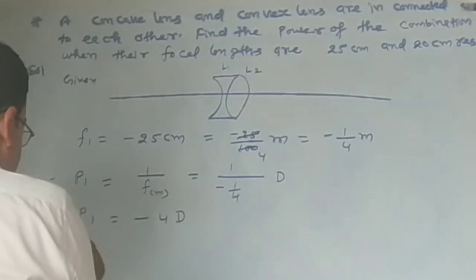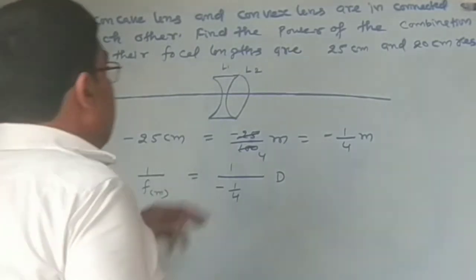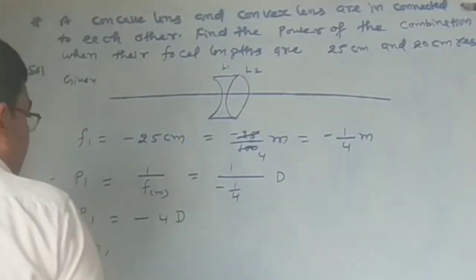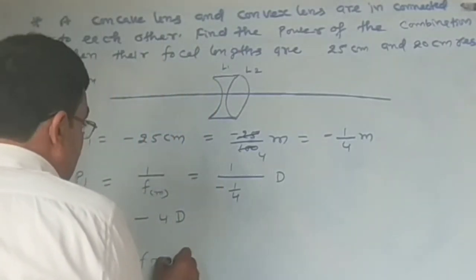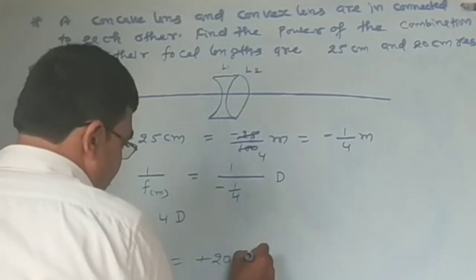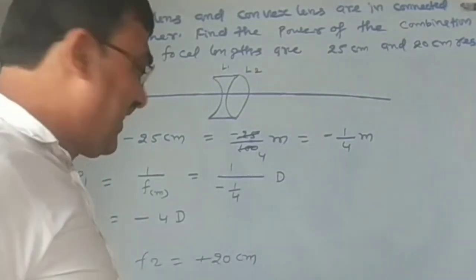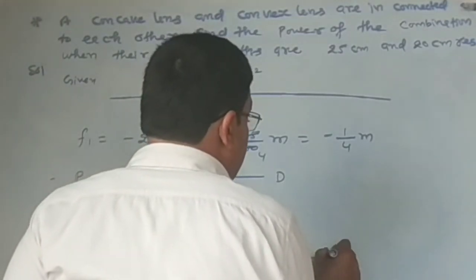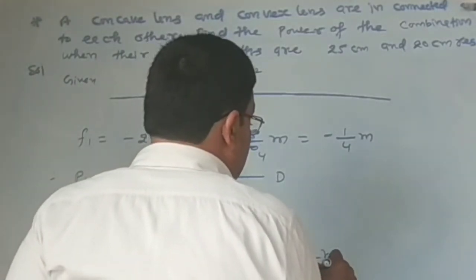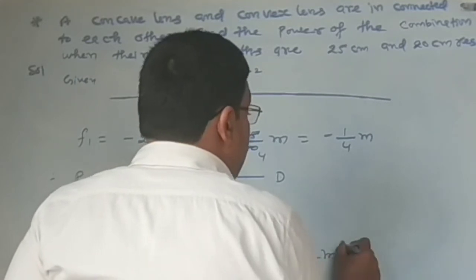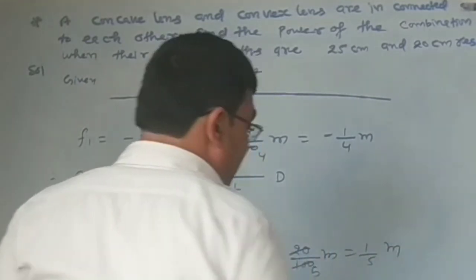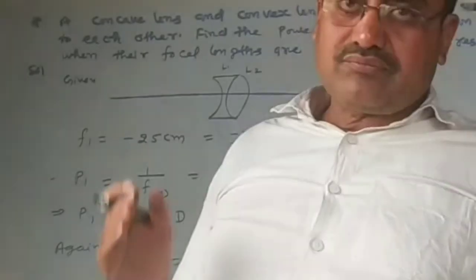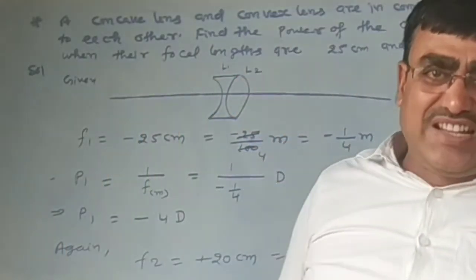Again, in the case of lens L2, F2 is equal to plus 20 centimeter. Okay. That implies 20 upon 100 meter. That implies 1/5 meter, because focal length of convex lens is always positive.